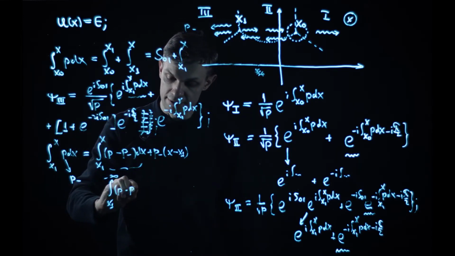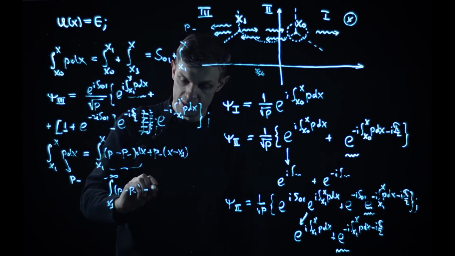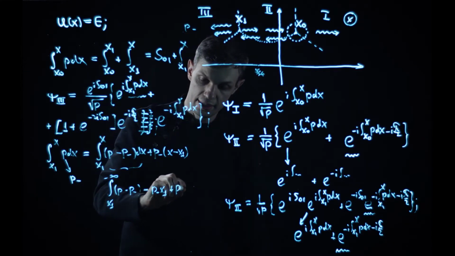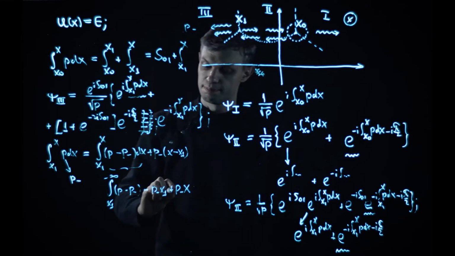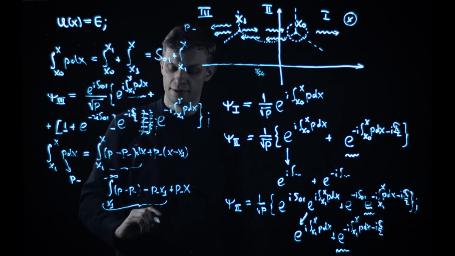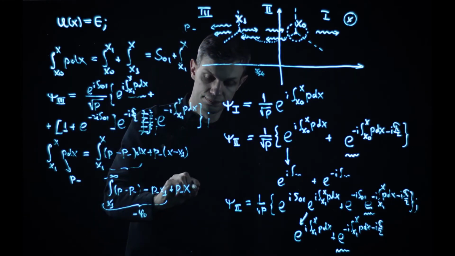So our semi-classical phase now is represented as a standard asymptotic p minus x, which is just a plane wave, plus some number which we denote minus phi naught.